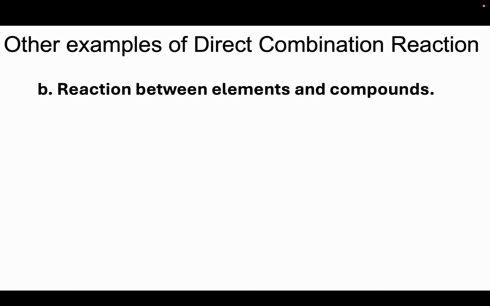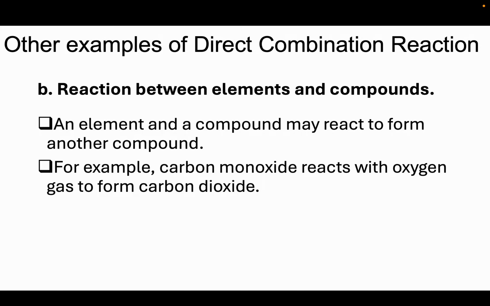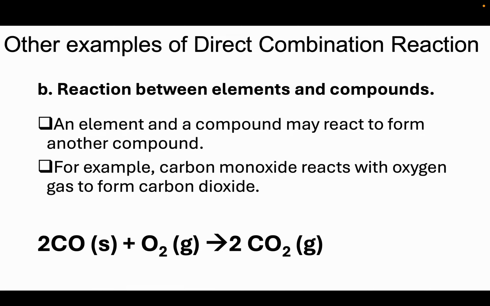Letter B, reaction naman between elements and compounds. An element in a compound may react to form another compound. For example, carbon monoxide reacts with oxygen to form carbon dioxide. Okay, so 2 carbon monoxide plus O2 is equal to 2 carbon dioxide.